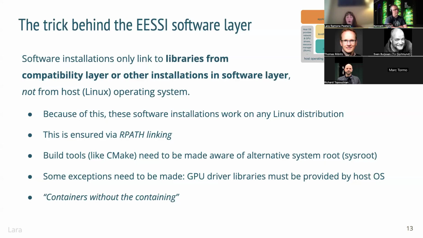We do this via RPath linking. We also have made build tools aware of alternative system roots like sysroot. Some exceptions, like for GPUs, have to be made, and we've also built in different stuff in our software layer so that you can include your own libraries where necessary instead of relying on the libraries shipped in Easy.